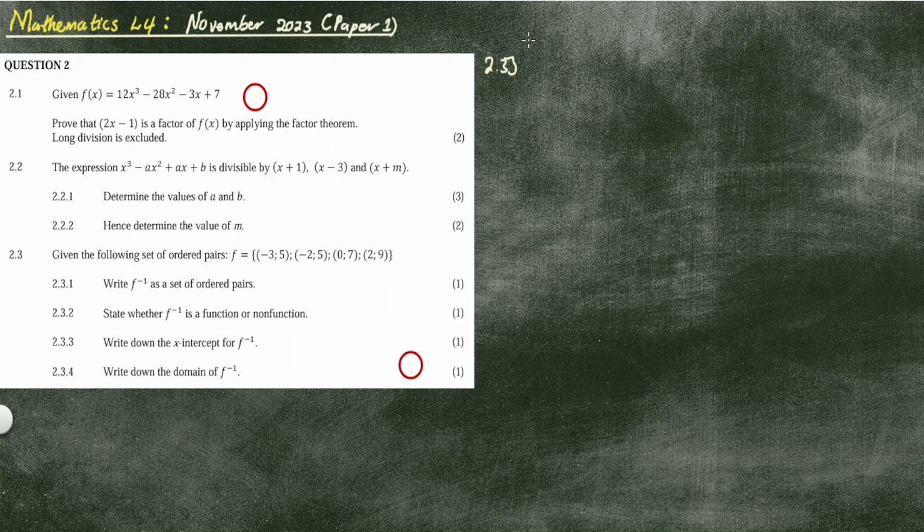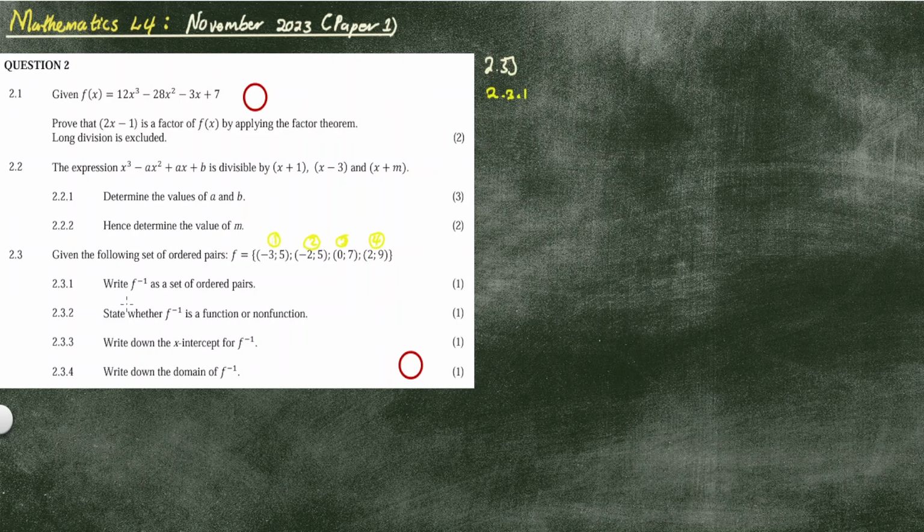Instead of giving us an actual graph or a table of some sort, they give us ordered pairs, which is just a set of coordinates. I mean a set of points with the x and y coordinate. So this is point number 1, point number 2, point number 3, and point number 4. 4 ordered pairs are given.